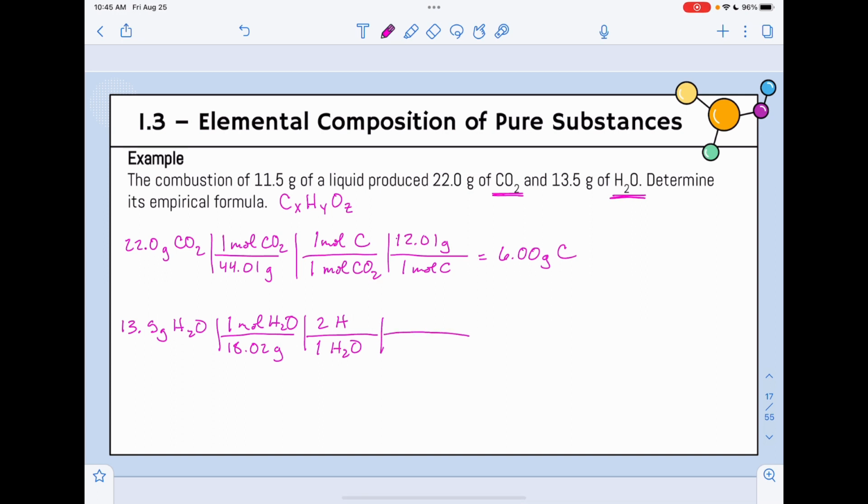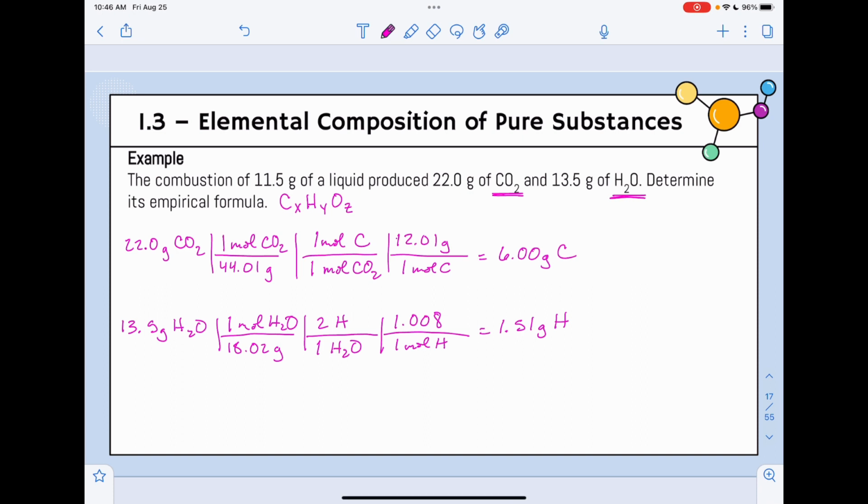And then 1 mole of hydrogen has a mass of 1.008. So when I do the math, I'll do 13.5 times 2 times 1.008 divided by 18.02. And that comes out to be 1.51 grams of hydrogen.